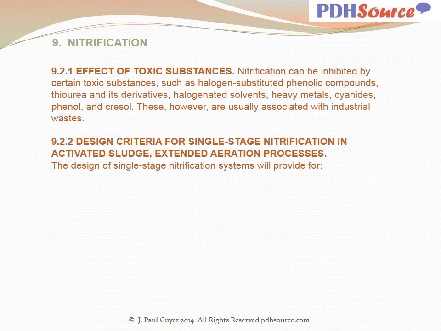Nitrification can be inhibited by certain toxic substances such as halogen substituted phenolic compounds, thiourea and its derivatives, halogenated solvents, heavy metals, cyanides, phenols, and cresol. These, however, are usually associated with industrial wastes.